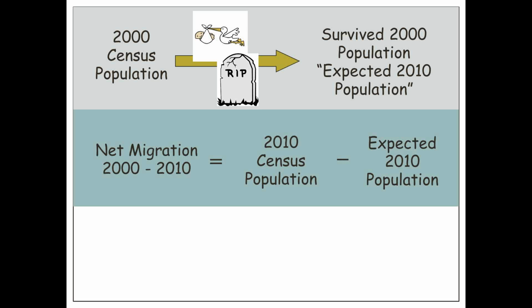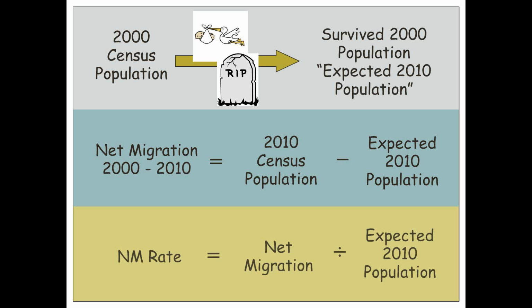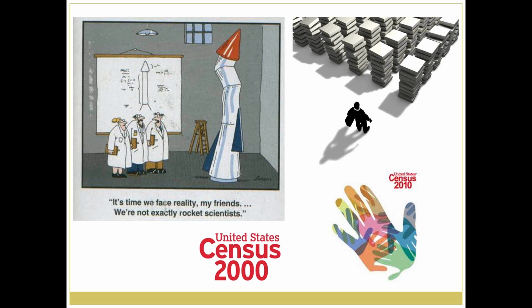Net migration is then calculated as the difference between the observed population at Census 2010 and the expected population at Census 2010. And the net migration rate takes the estimate of net migrants divided by the expected population, and then we multiply it times 100 just for scaling purposes.